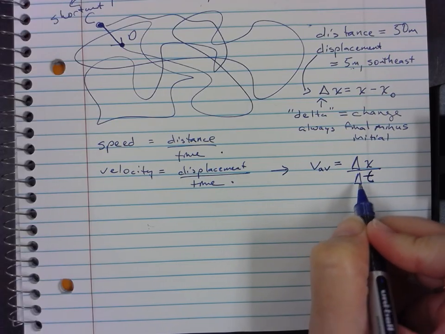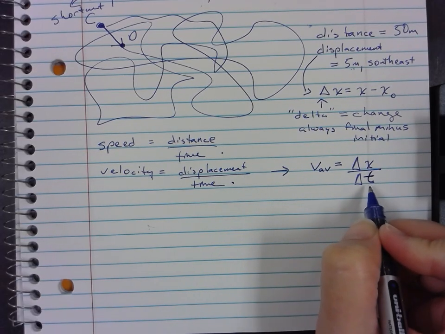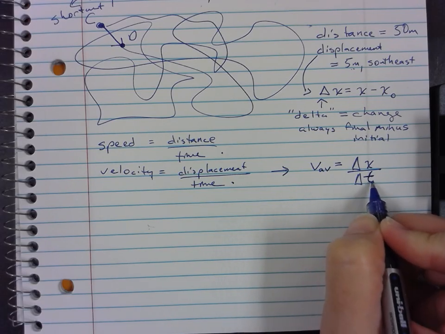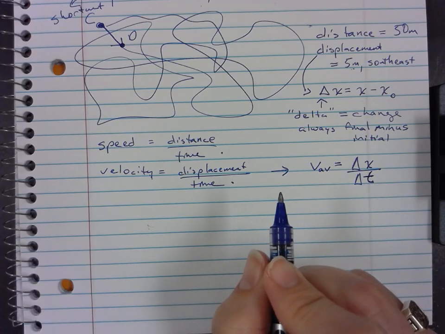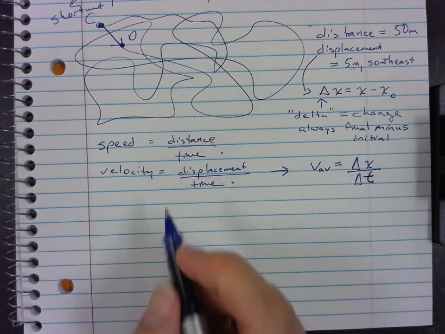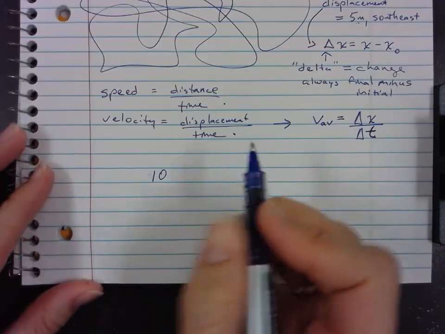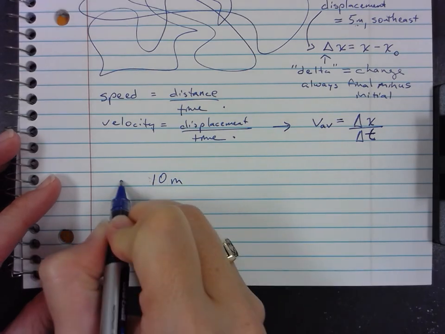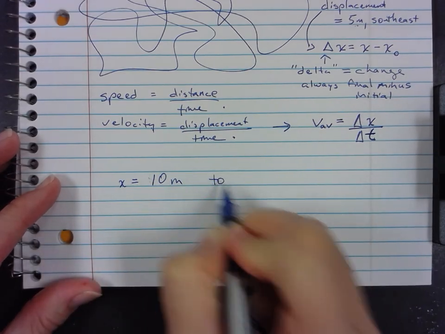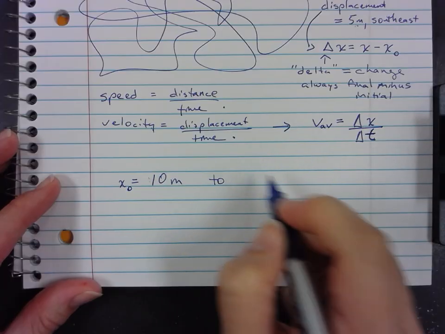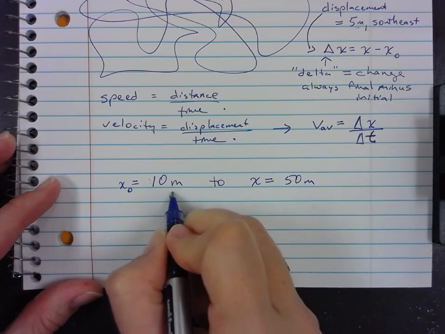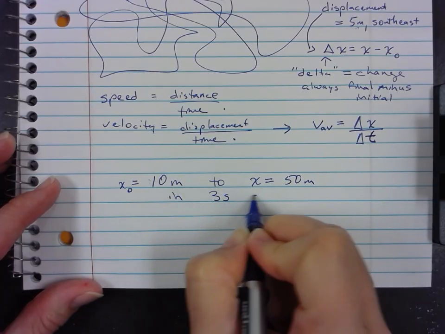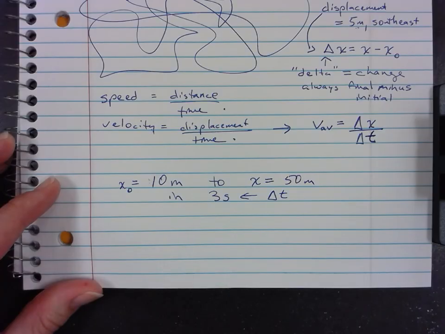We really, in this course, this delta t becomes very important. We just wrote it usually as t last year. So change in time meaning change in time on a clock. So if I say you travel from mile marker 10, or let's see, you're located at 10 meters on the x-axis, and that's your initial position, and you go to x equals 50 meters in 3 seconds, that is your time interval.